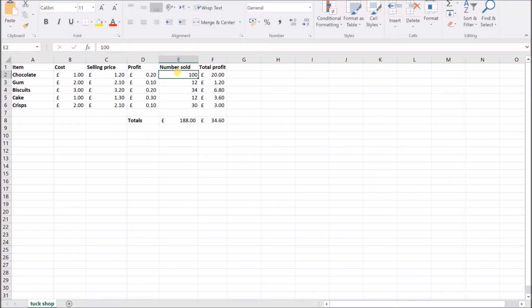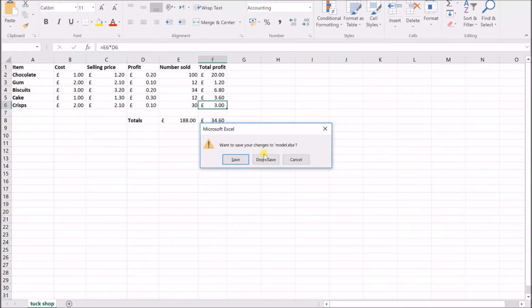So I have to make some promotions or some more effort just to make this total profit. Now by this, I can also find out that the totals are increasing here by how much. So this is my model of a tuck shop.